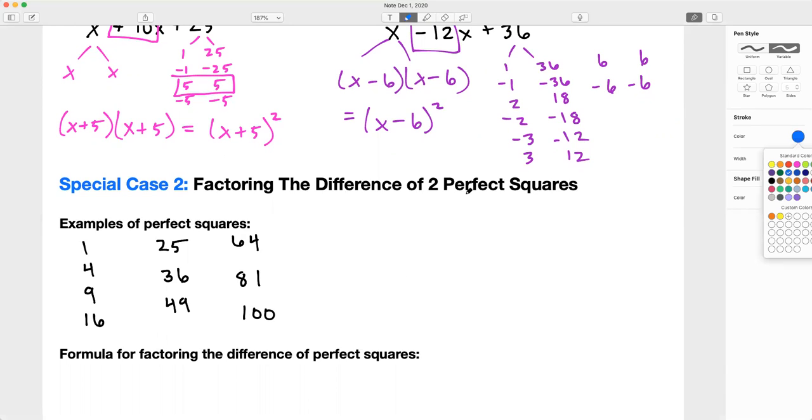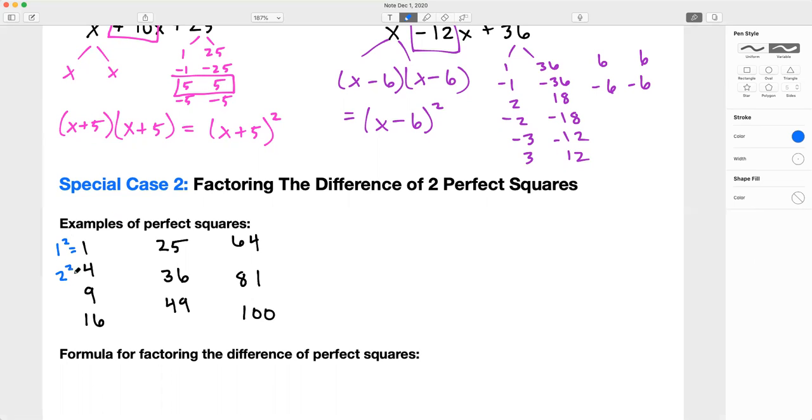Now, how did I get these? Well, each of these numbers is a perfect square because I took a number and multiplied it by itself to get it. So what did I multiply by itself to get 1? Obviously, I multiplied 1 by itself. I'm not going to write 1 times 1, I'm just going to write 1 squared. That means 1 times 1. So 1 squared equals 1. What squared equals 4?